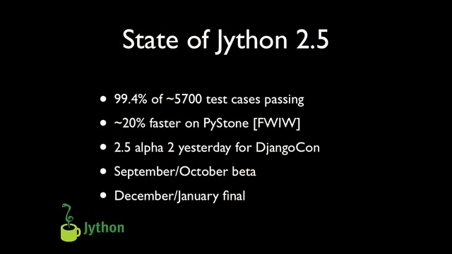So we're not having our Jython 2.5 release party yet, but we're getting close. I think we're at that stage where we got, was it 99.4%? I think that's about 30 of these test cases, and this doesn't account for libraries that are not yet under development that we are still missing from Jython, such as bzip2, things like that.